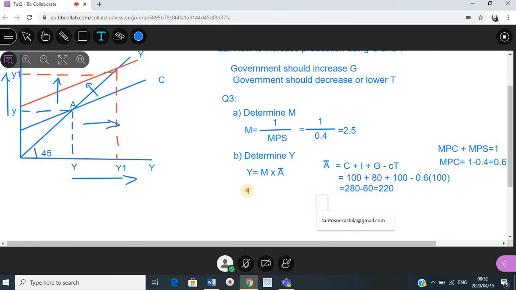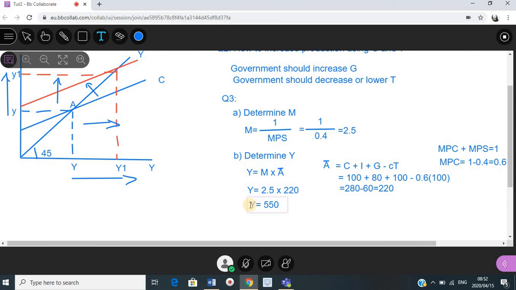That means we can just plug it in. Here we have 2.5 times 220, and this should be equal to 550. Very good.